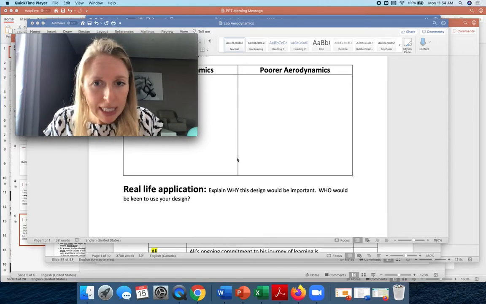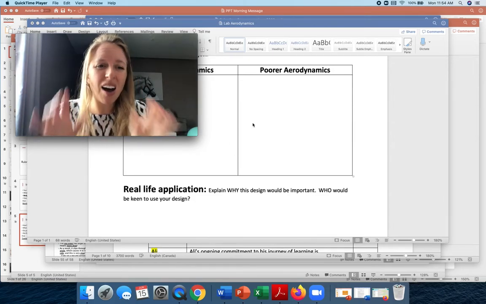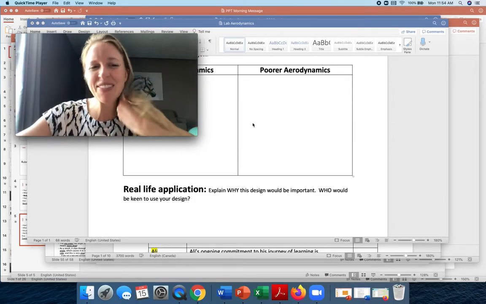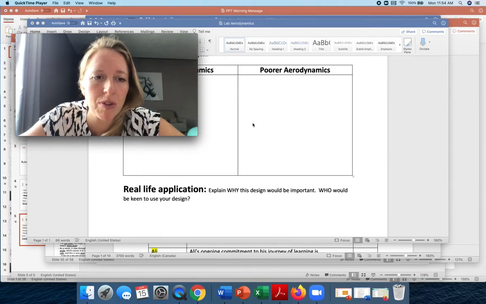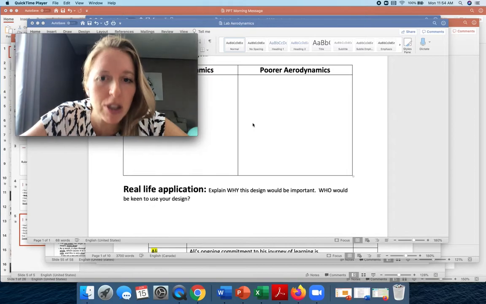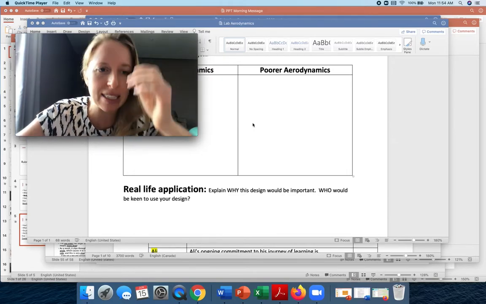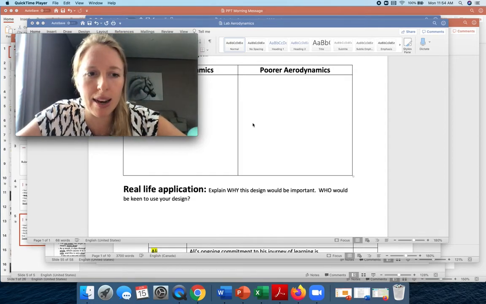So a couple of ideas. You could use a car, even though that's what all the examples that we've talked about before were. So if you're stuck you can, but try to think of something a little bit more creative that wasn't an example shown in class.